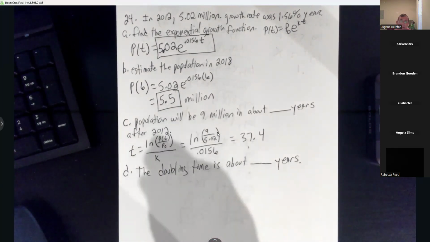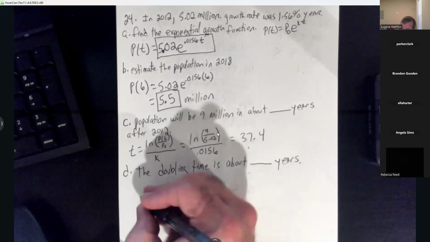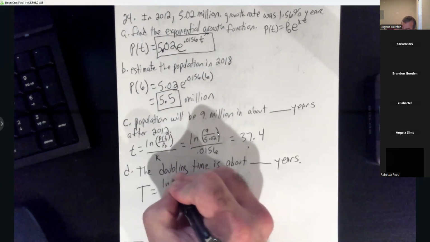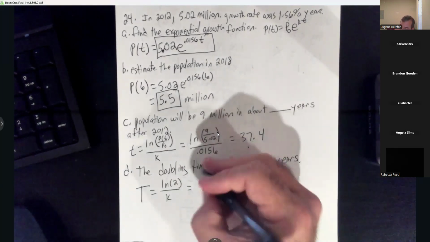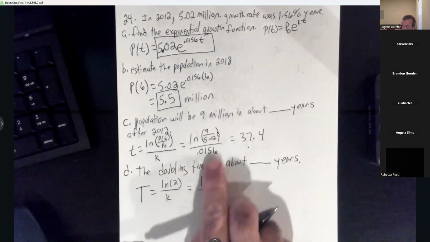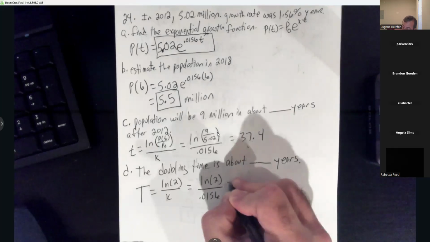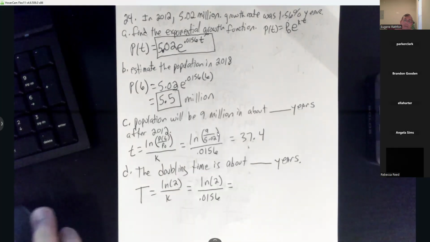So the doubling time better be a little bit more than, I would say, the 37 years, right? So I gave you a formula. Double time equaled the ln of 2 divided by k. So we're going to take the ln of 2 and divide that by our k, which is 0.0156.